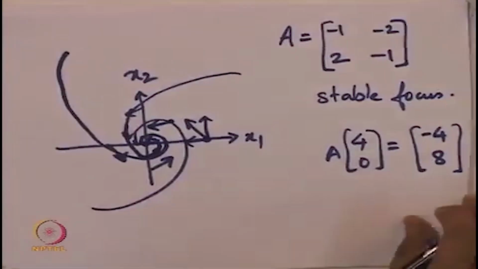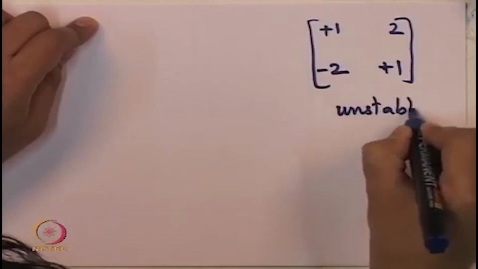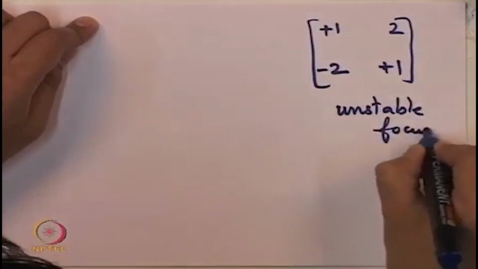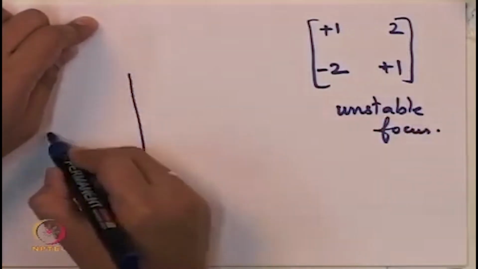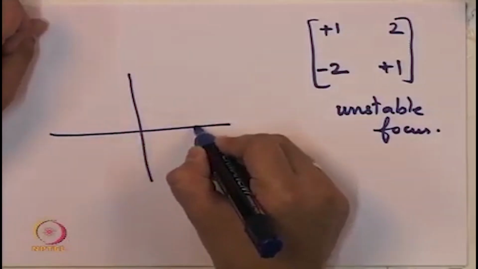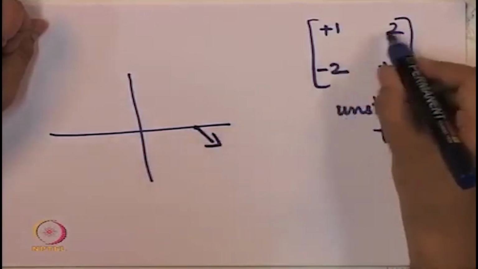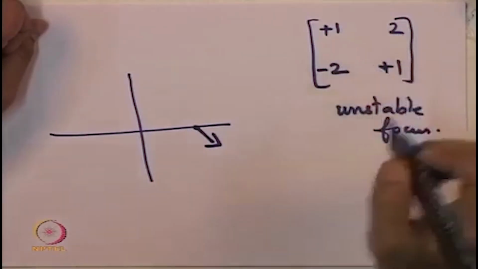So, this is a stable focus, and an unstable focus is also very easy to see, only that the diagonal elements have positive sign. Now, all the arrows are directed away from the origin. Also, the rotation has been reversed because the signs of the off diagonal elements in this and the previous example have been interchanged.